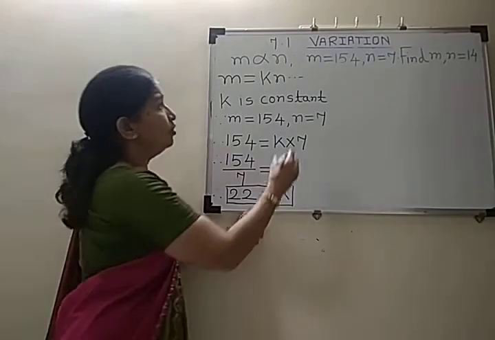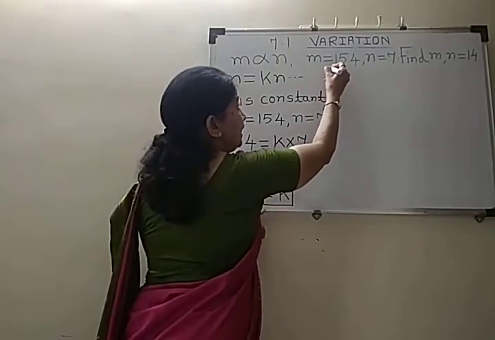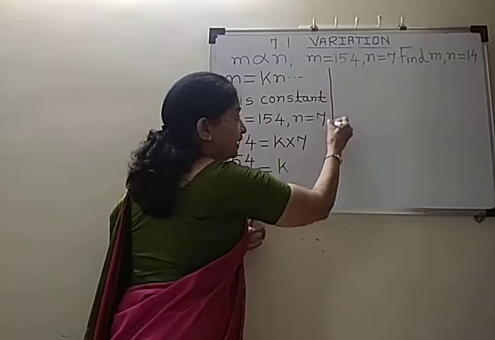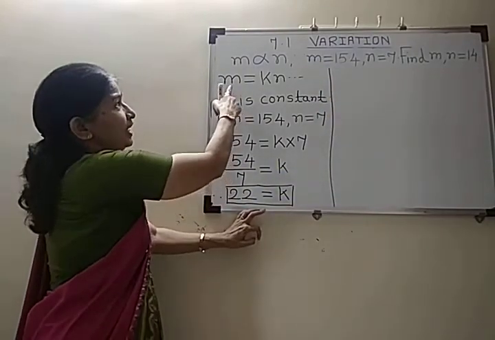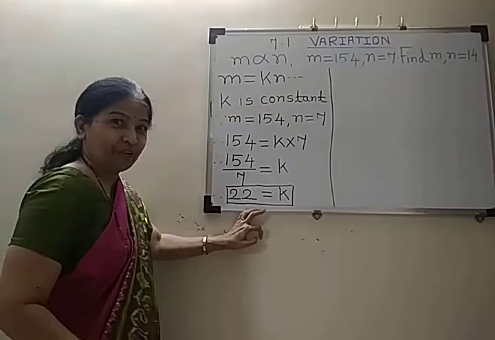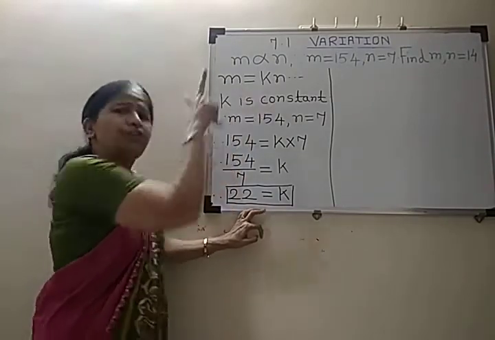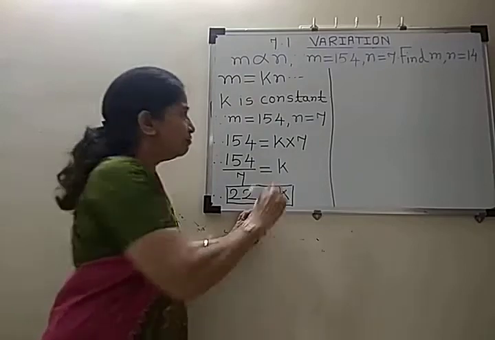Now, how will we write the equation of variation? See this second step. Substitute just the value of k.